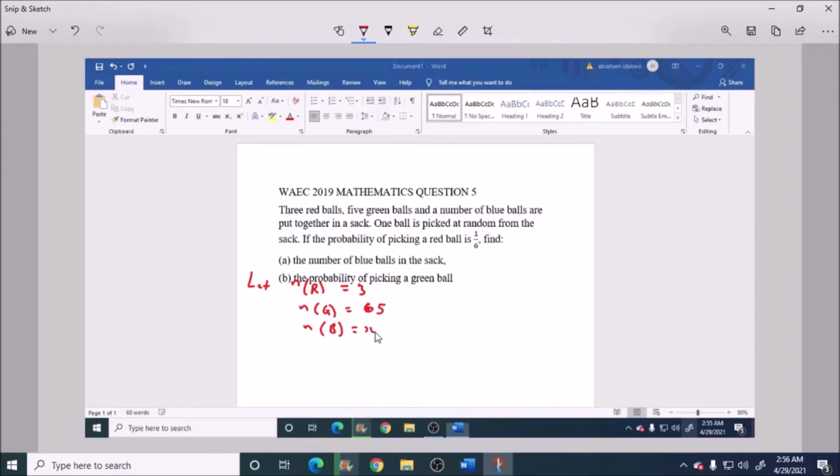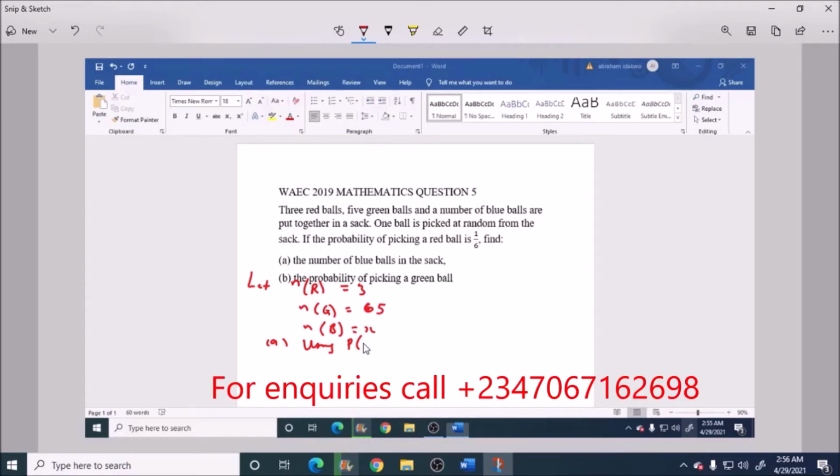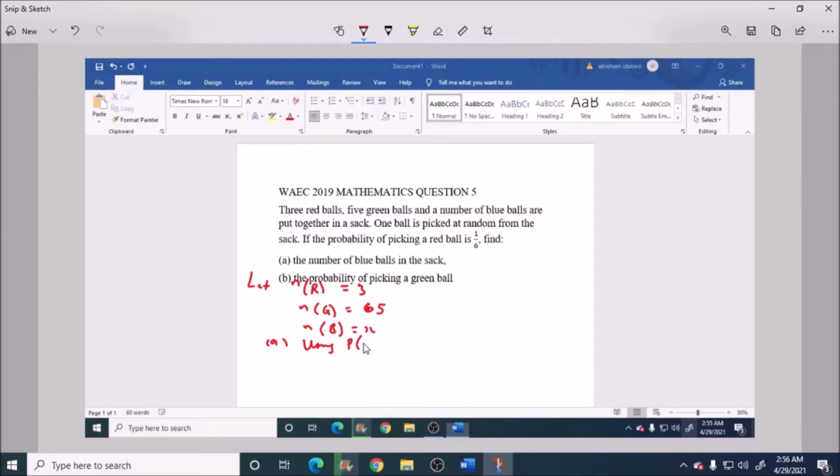Now using P as probability of getting a red, nr, that is 1/6 is equal to 3 over 8 plus x.